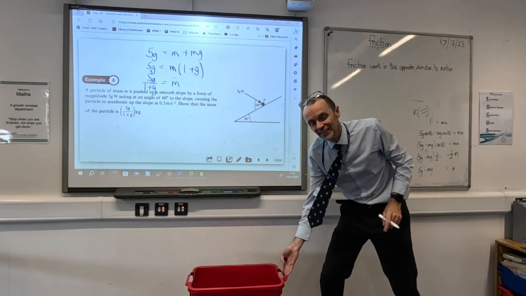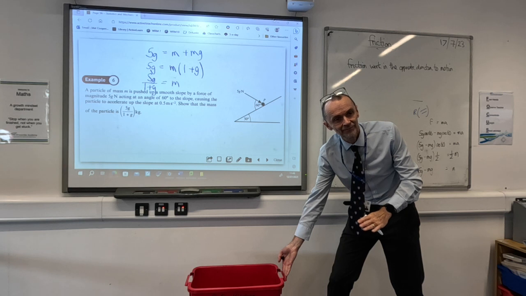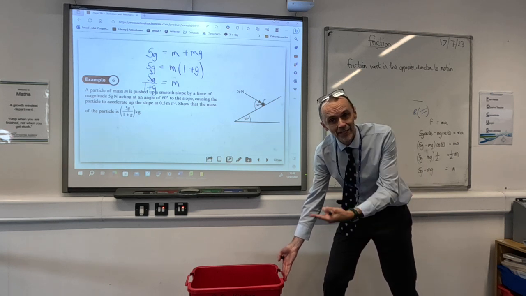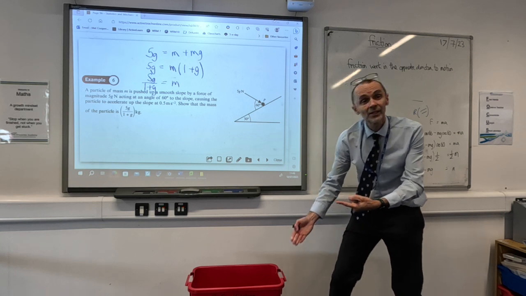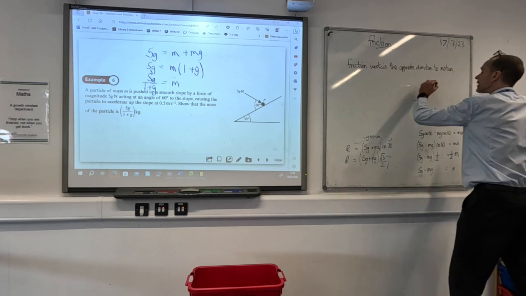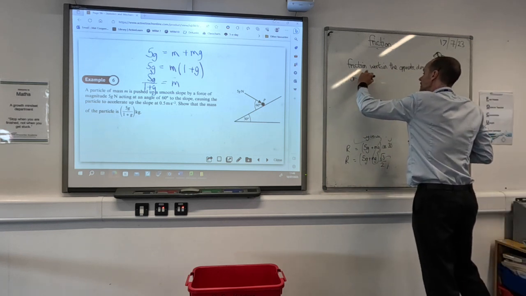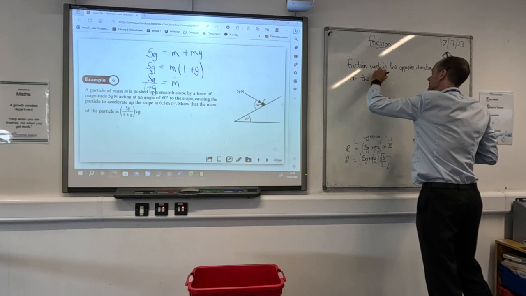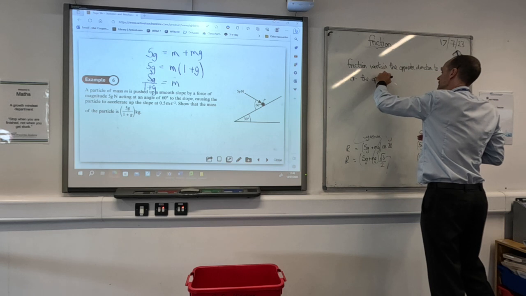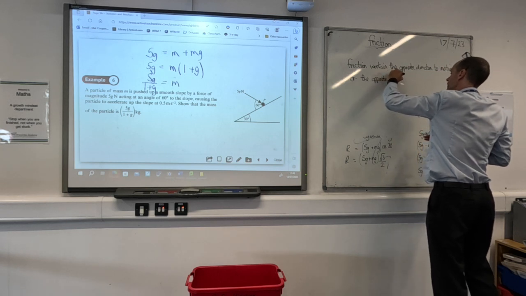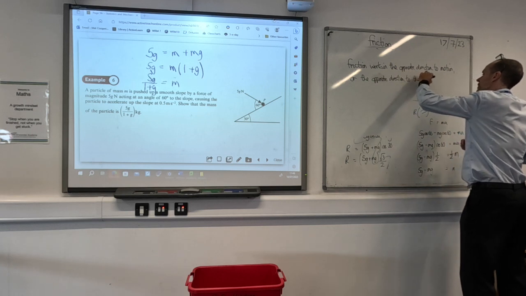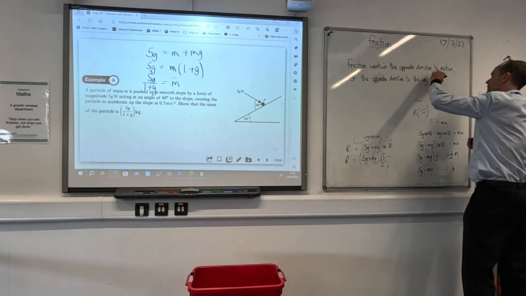So if I'm pushing it in this direction but it's not moving, we say, right, it's going to move in this direction if I man up and push it a bit harder. So friction is opposing that. So friction works in the opposite direction to motion, or in the opposite direction to the way something is going to move.